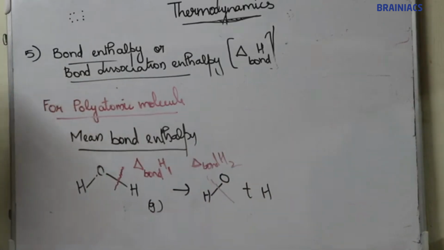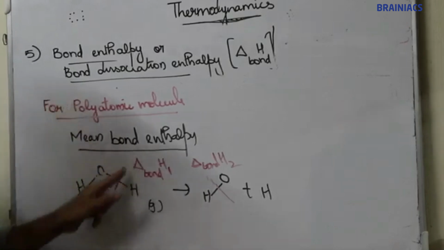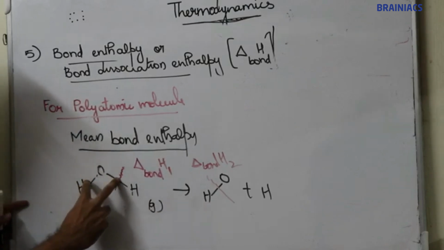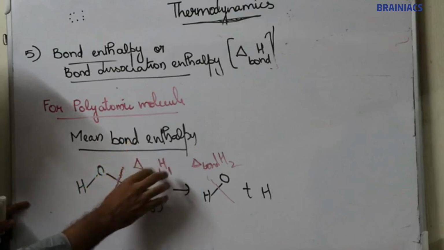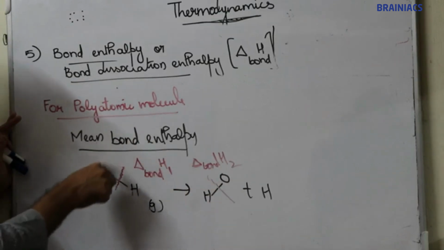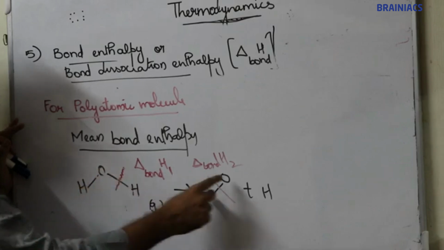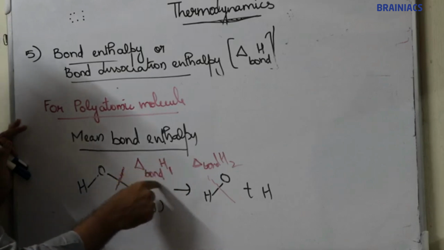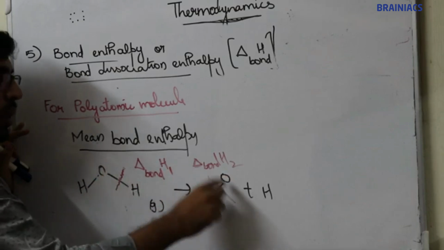Both bonds are OH bonds, but the bond enthalpy for breaking the two is different. Initially there are two OH bonds, so the energy required to break the first is delta bond H1. After breaking it, the molecule has only one OH bond, whereas before it had two, so the energy will be different.